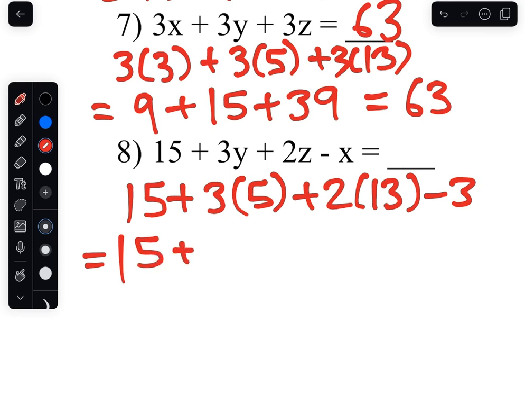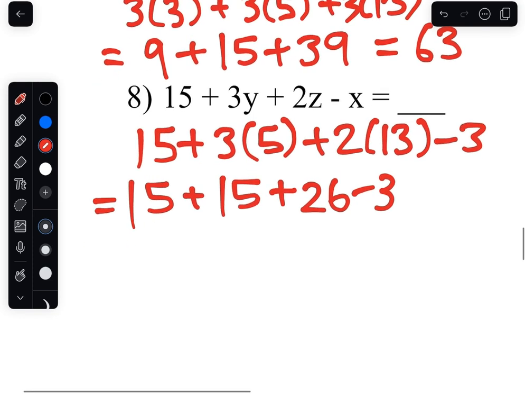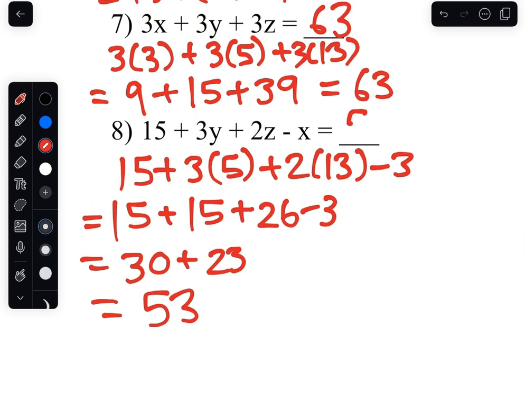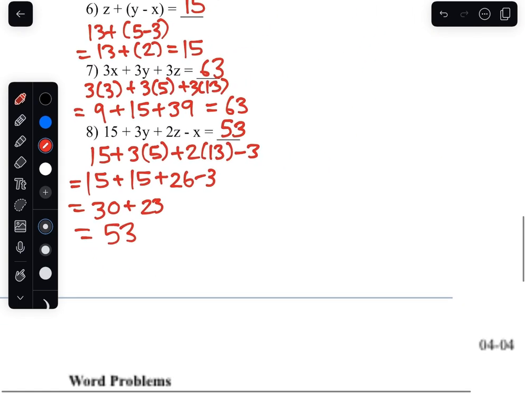First you multiply 3 times 5, which is 15, plus 2 times 13, which is 26. 15 plus 15 is 30, plus 26 minus 3, which is 23. 30 plus 23 is 53. So that will be your answer for number 8.